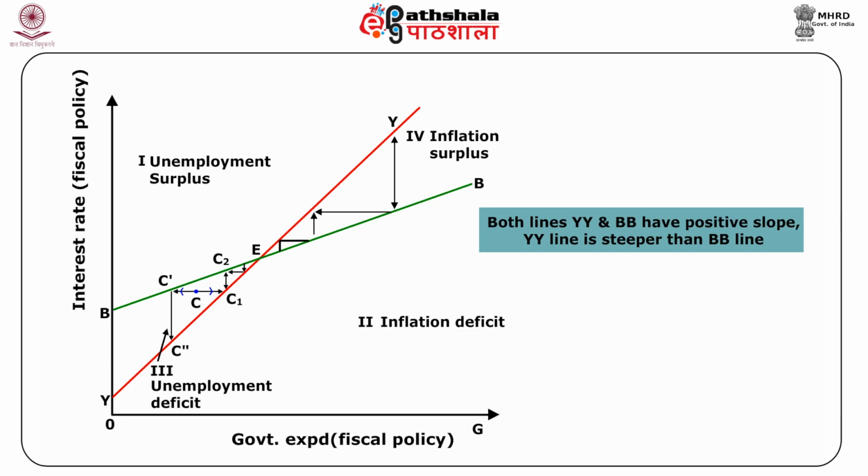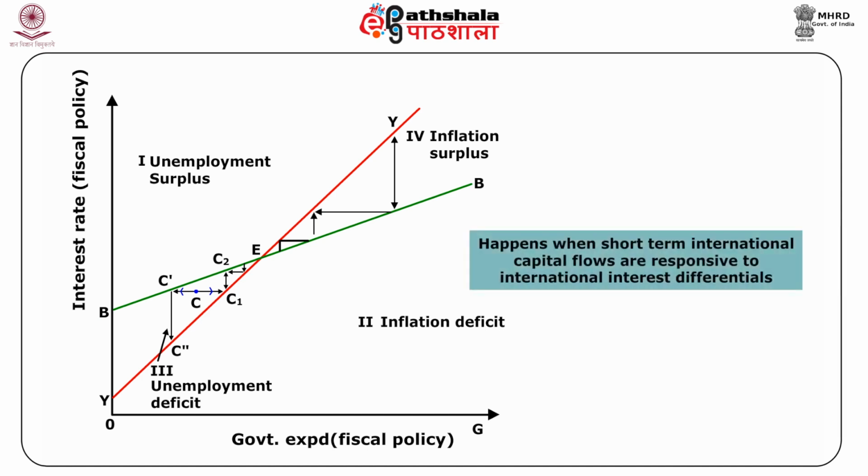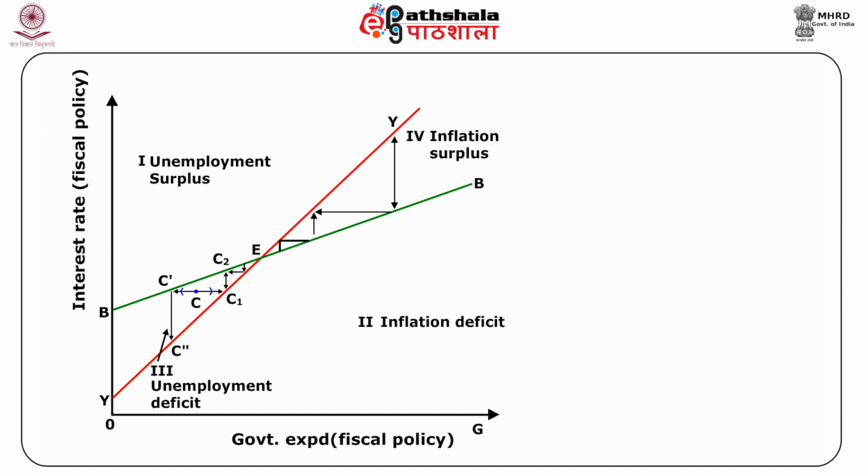Both the lines YY and BB have a positive slope, but the YY line is steeper than the BB line. This happens when short-term international capital flows are more responsive to international interest differentials.